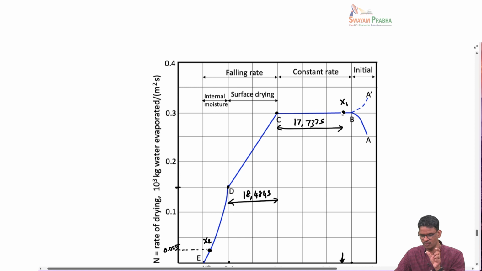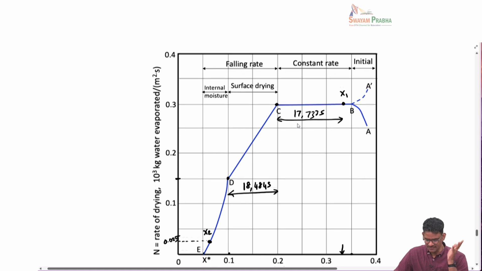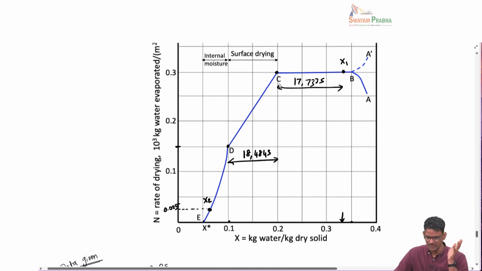In the beginning, at the constant drying rate, the driving force for mass transfer is very large. So even for going from 0.33 to 0.2, the time taken is about 17,000 seconds, and from 0.2 to 0.1 also something of the same order. But going from 0.1 to 0.064, because of the diminishing nature of the driving force, the time taken is much larger.